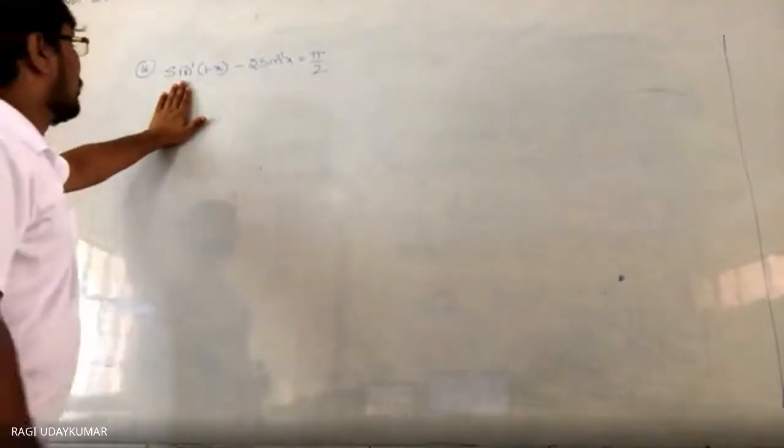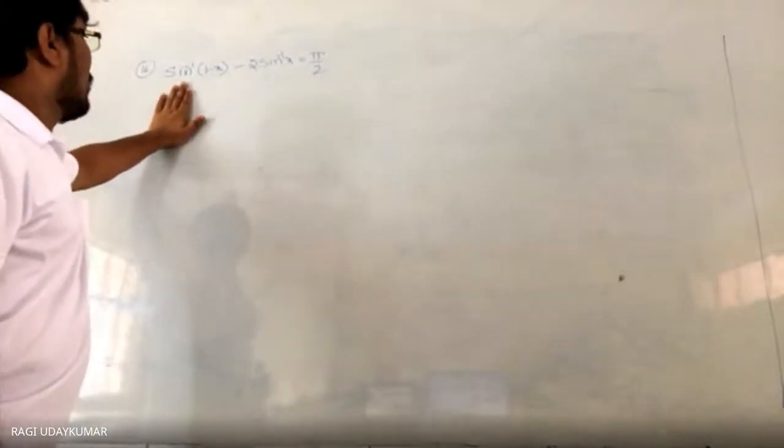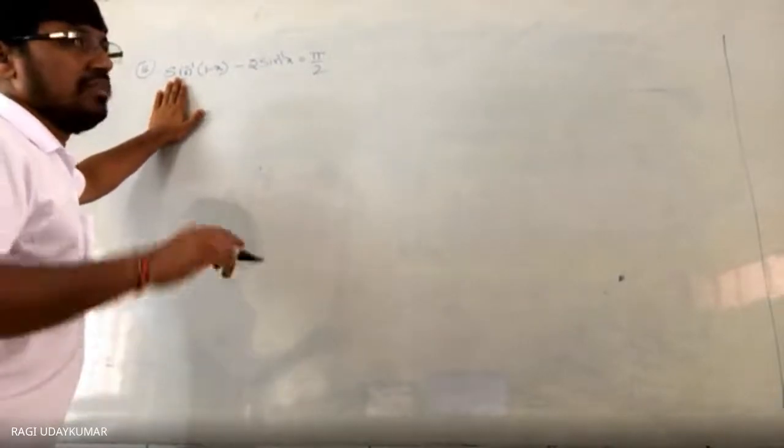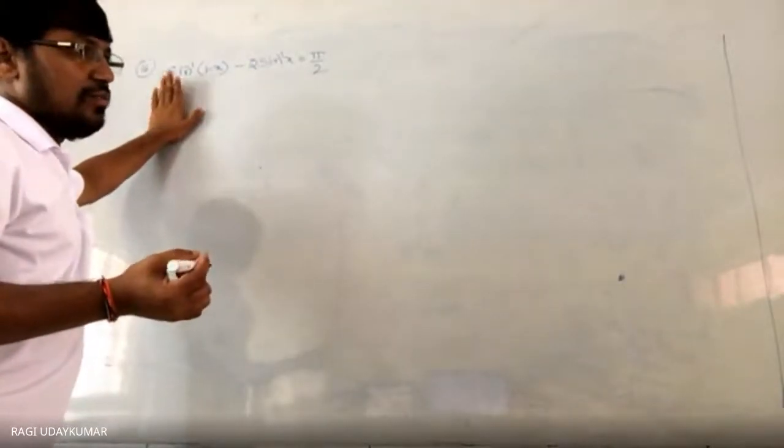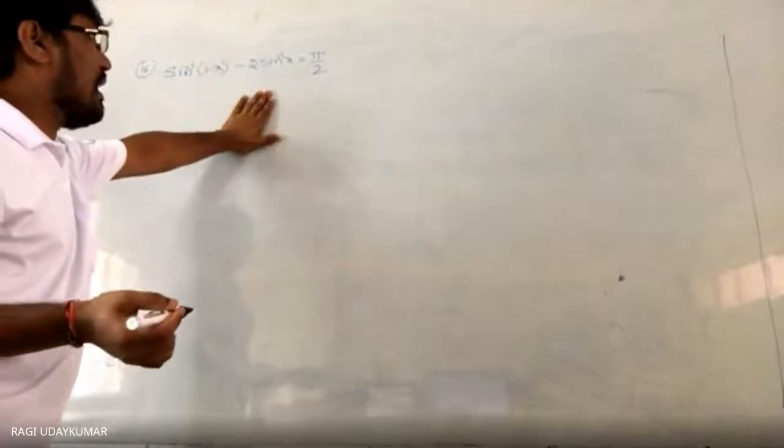You can do this problem in two different ways. By converting this into the tan, it becomes very lengthy, if you convert this into the tan and this into the tan.